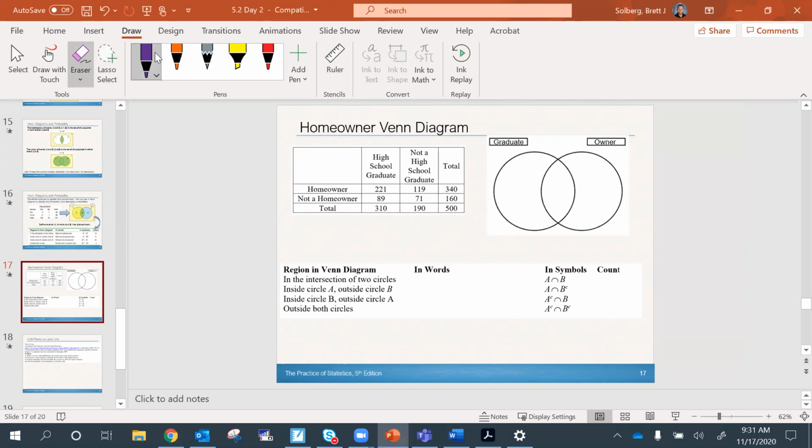Okay, so in the intersection, what is the symbol called again? What is the little n? And. Oh, okay. So for A and B in the middle, it would be 221, right? Yep. And then for A and B complement, the complement of B or whatever it is, it would be 89.